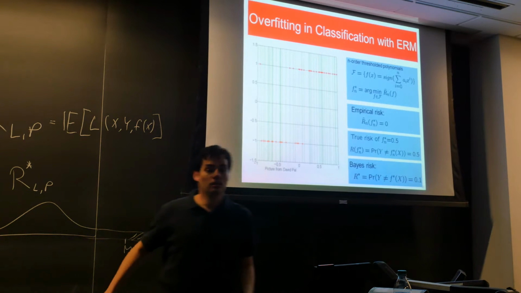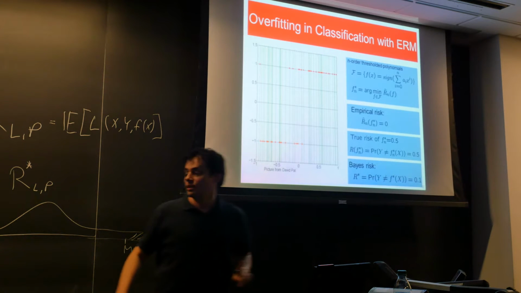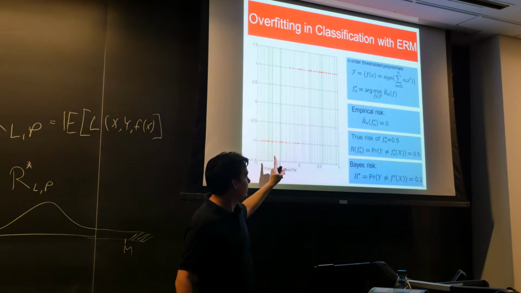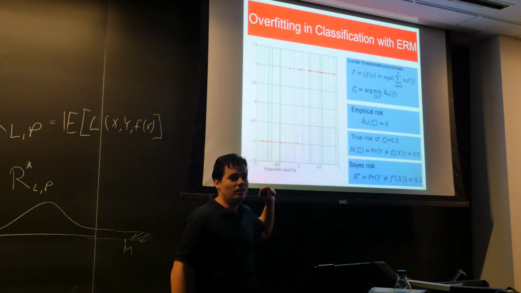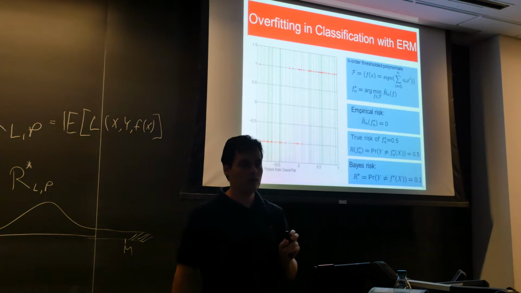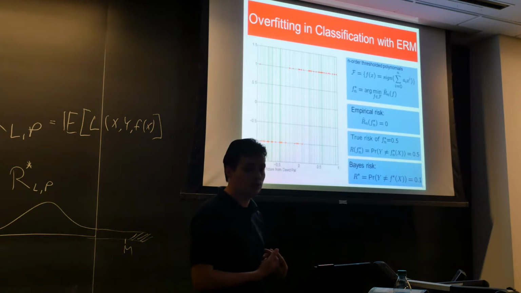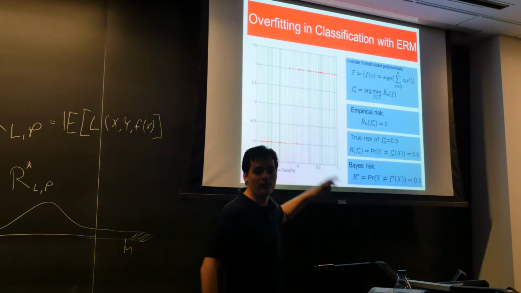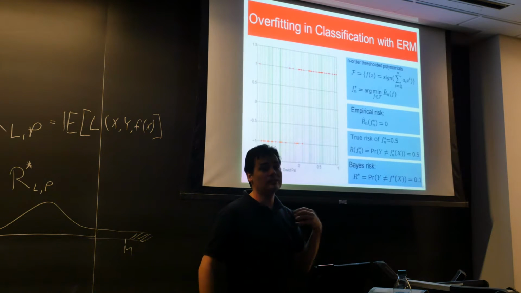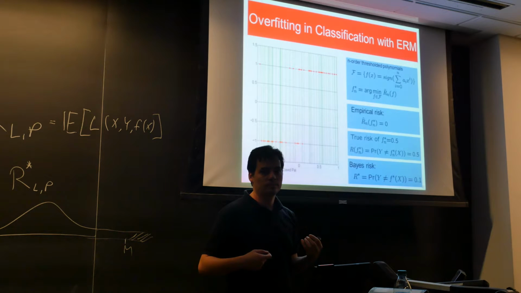So the question is, how do you pick one? The problem is that you don't even want your empirical risk necessarily to be 0 because you might overfit. So what we are going to do, instead of considering all possible functions, is consider only simple functions to avoid overfitting.